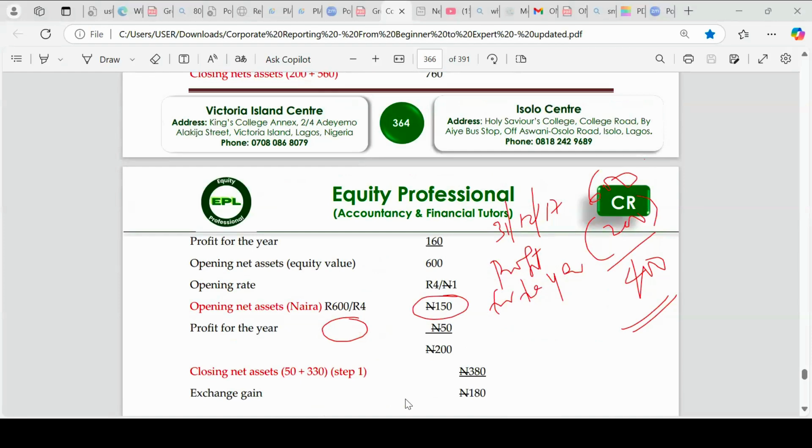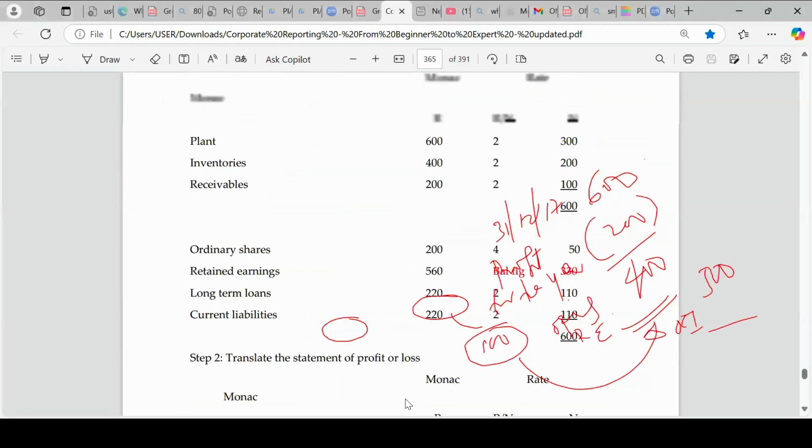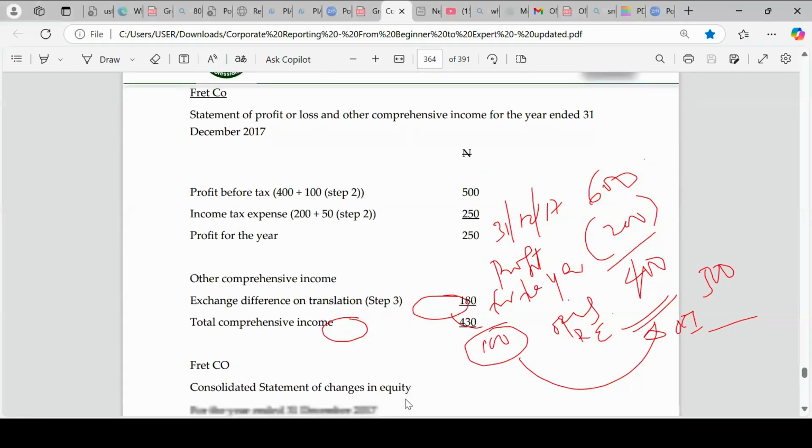And the ordinary share capital, like we have formally established, is 50 Naira when we converted to Naira using the historical rate. So just take out that 50 Naira from there, you have 100 Naira. So now this is the opening retained earnings for parents. Add it to the opening retained earnings of the subsidiary, which is 100, you get 500. Now, in between them, their OCI was, what did we get as the OCI the other time? I mean, the total comprehensive income was 430.